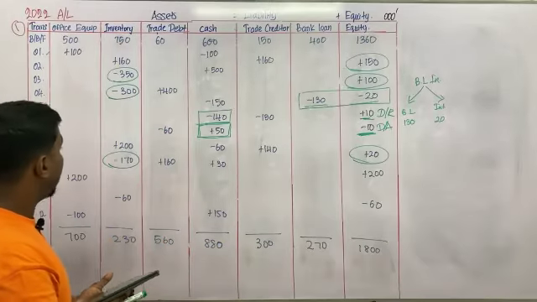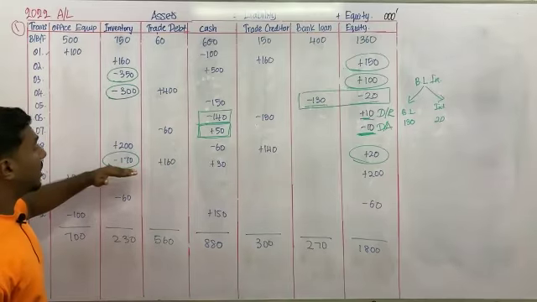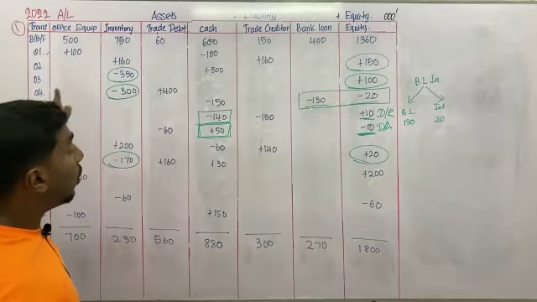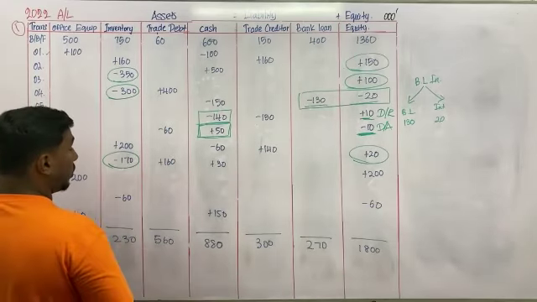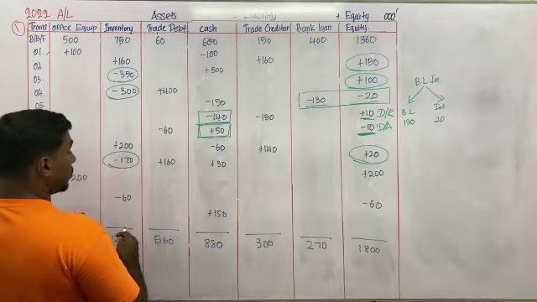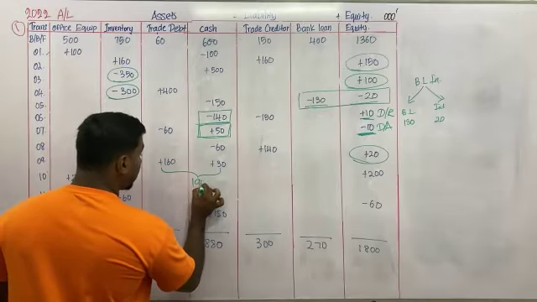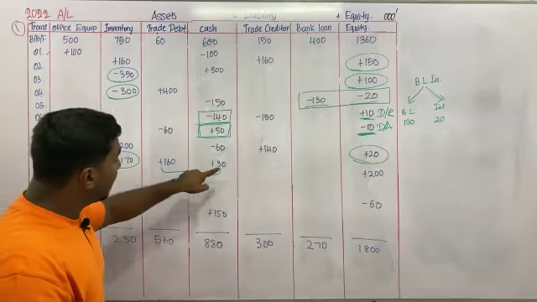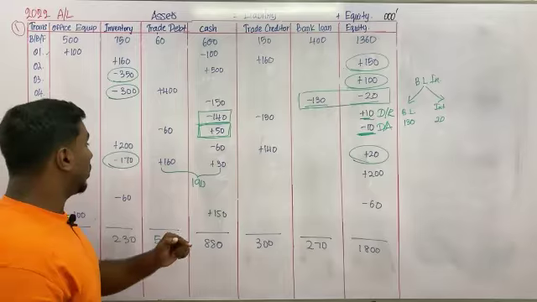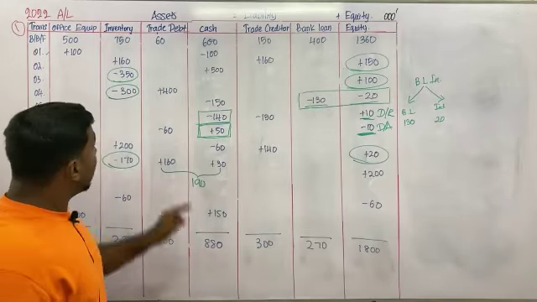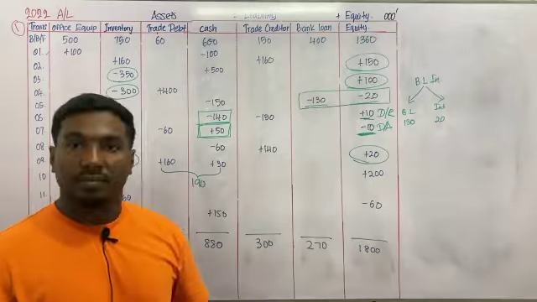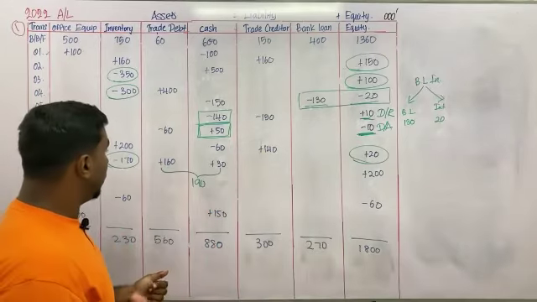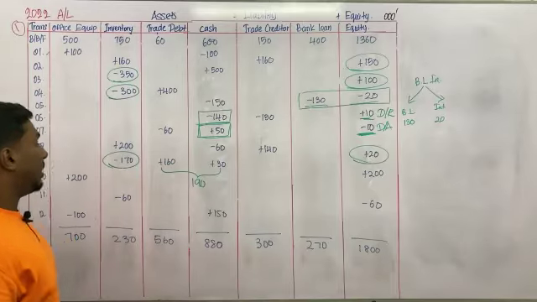Likewise, you have to enter: goods costing 170,000 sold for 190,000, which includes 30,000 cash and 160,000 credit.